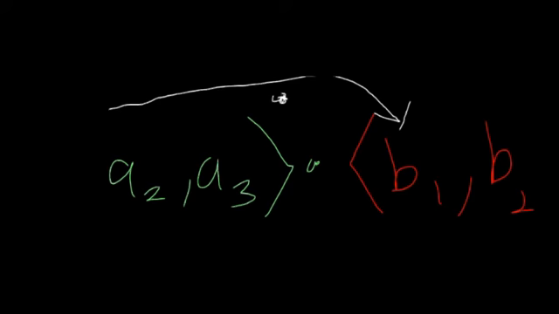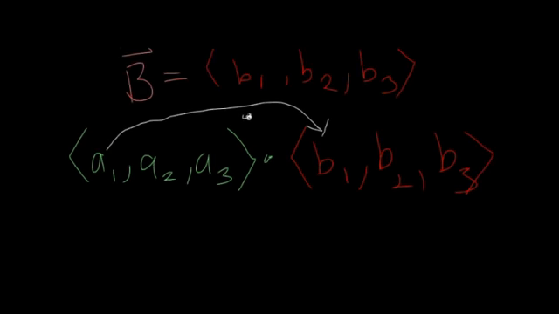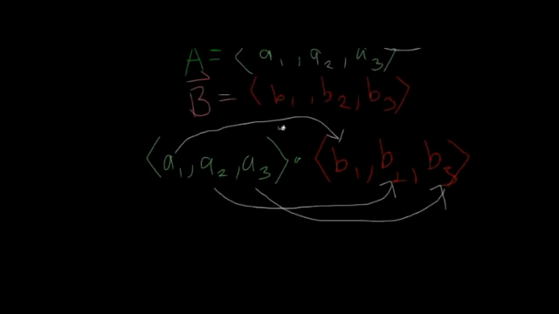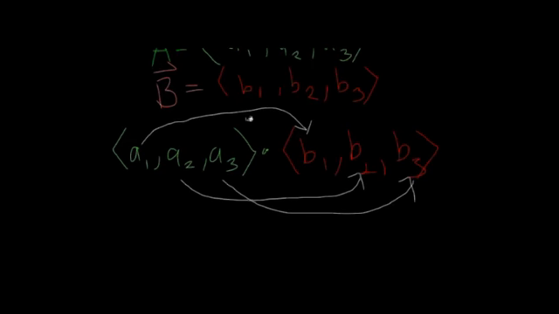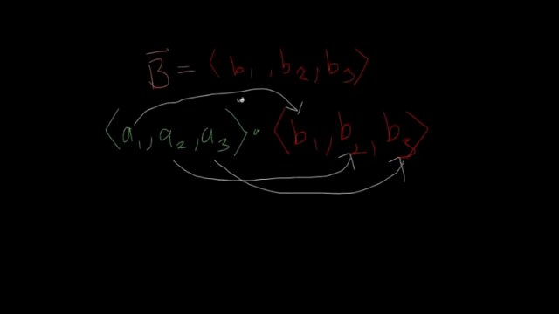The second components are multiplied too, and the third components are also multiplied, and you take the sum of those. Let me just write it out. I cannot explain very well, apparently.